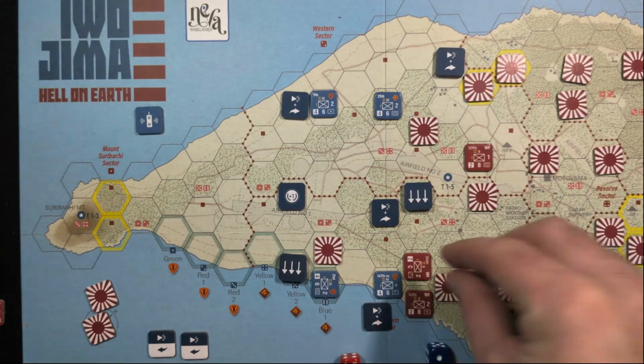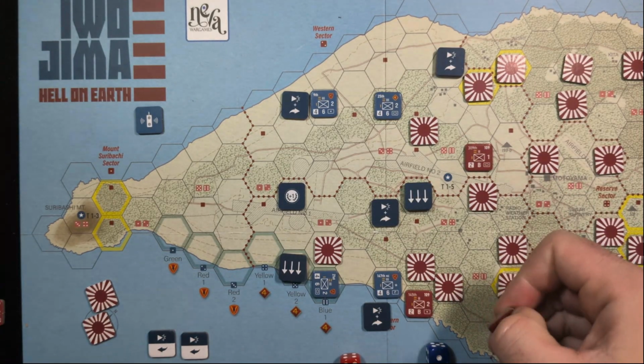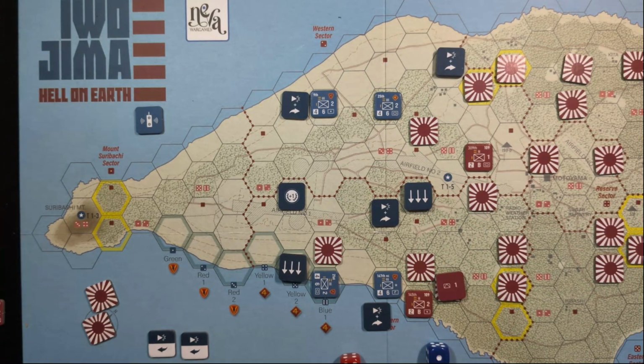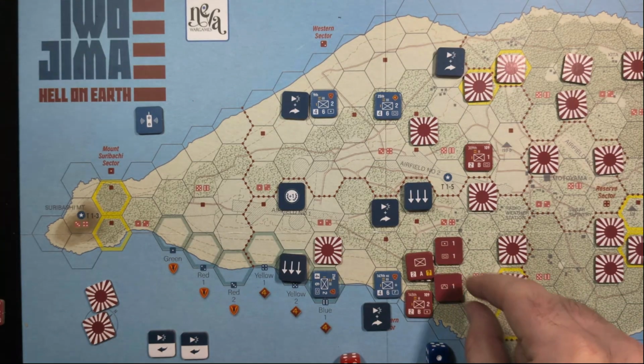If you were attacking a hiding unit instead, let's say this one was like that. This one was the defense value, and this one was the combat support from this one.